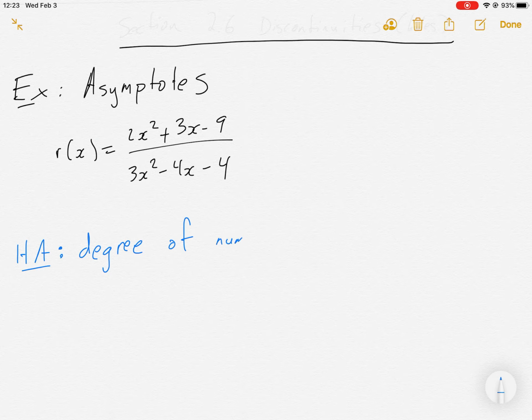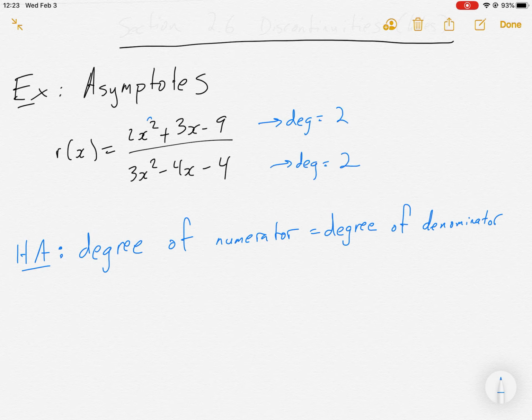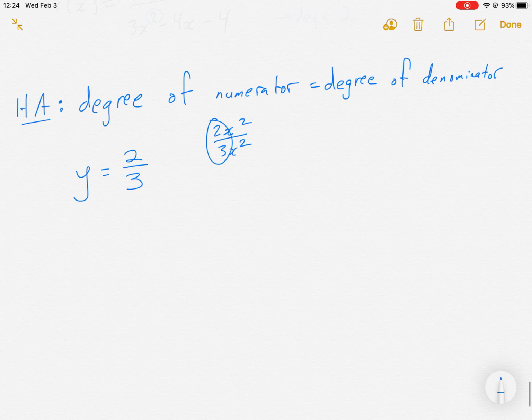Notice that the degree of the numerator polynomial and denominator polynomial are equal. The degree here is 2, and the degree in the denominator is 2. It's the exponent of the largest power of x. So that tells me that the horizontal asymptote is just y equals 2 over 3. The leading terms are 2x squared and 3x squared, and so the leading coefficients would just be 2 over 3.